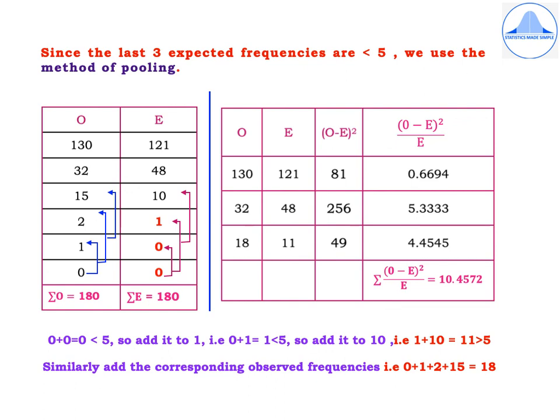Similarly, the next O minus E whole square value is 256 and then we have 49. Then calculate O minus E whole square by E, which gives 0.6694, 5.33 and 4.4545. Therefore, you get summation O minus E whole square by E as 10.4572.